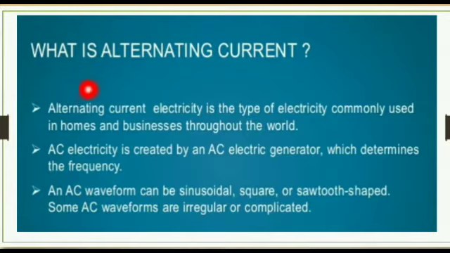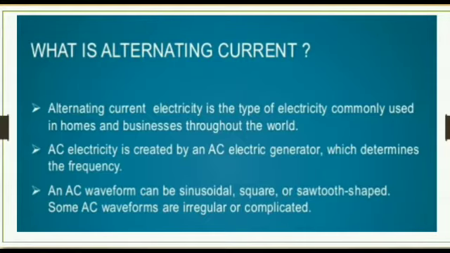See the first point: alternating current electricity is the type of electricity commonly used in homes and businesses throughout the world.